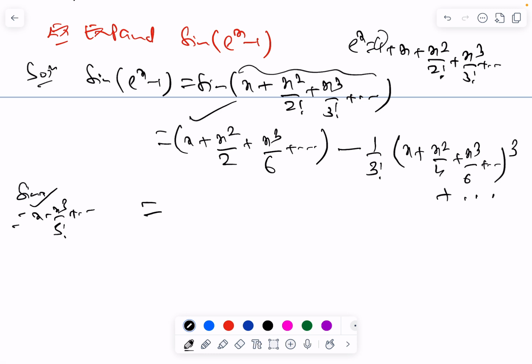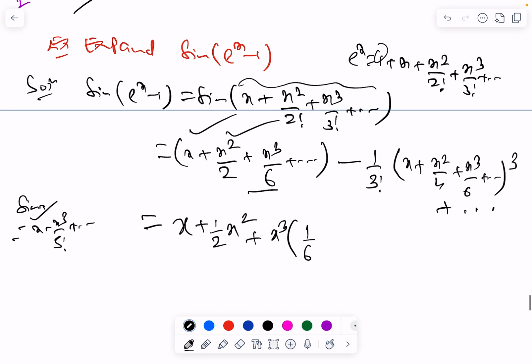So x is here. Then x square is also here, but we don't get any other x square. So 1 by 2 x square. Now x cube, we'll get 1 by 6 here, and x cube we will get here, that is also minus 1 by 6. Plus x power 4.